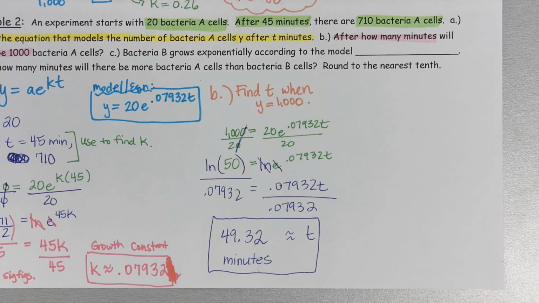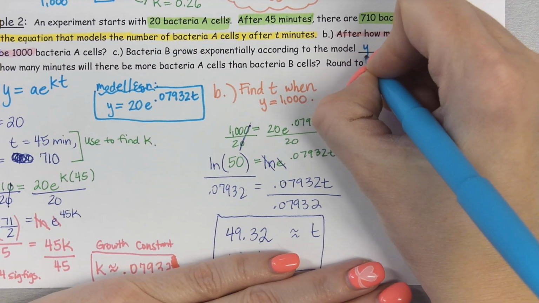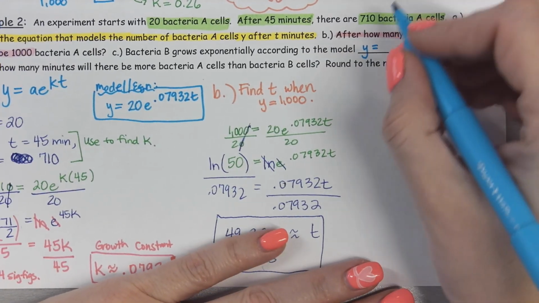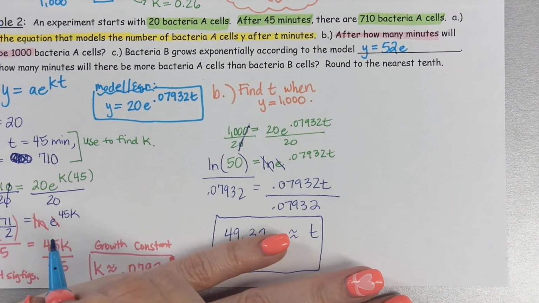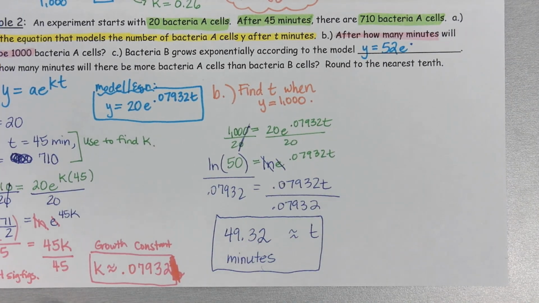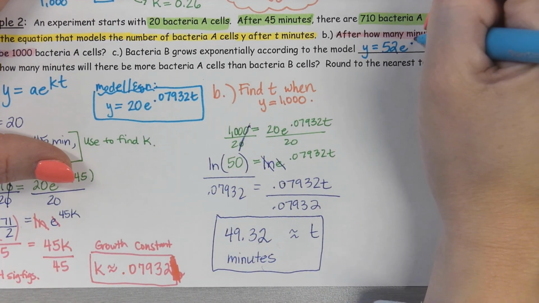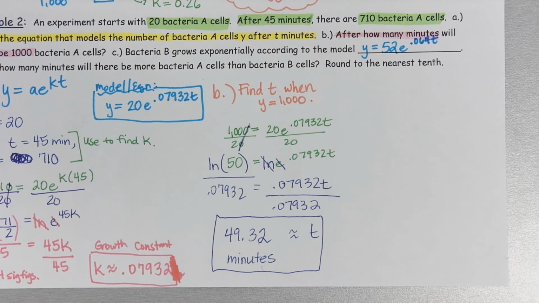All right, part C is going to be a little bit new. So this says bacteria B grows exponentially according to the model, and we are going to fill in the model. So according to the model, y equals 52e to the power of 0.064t.